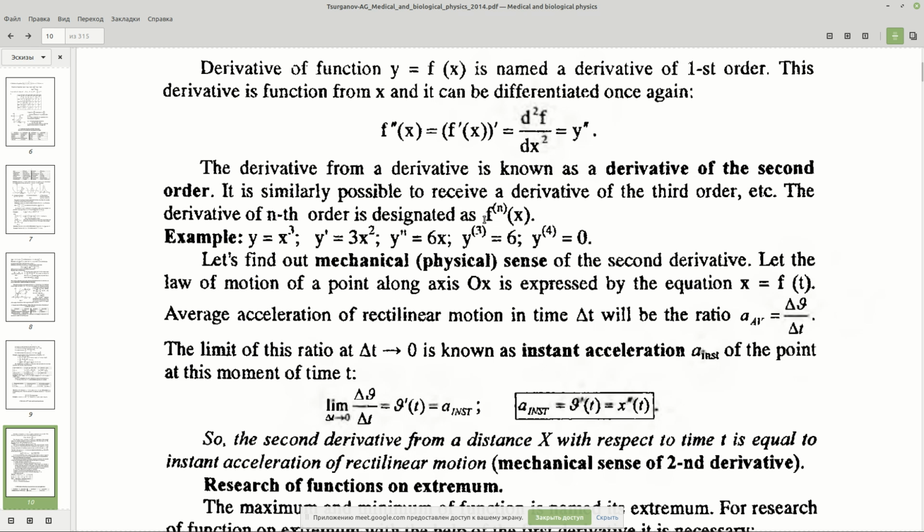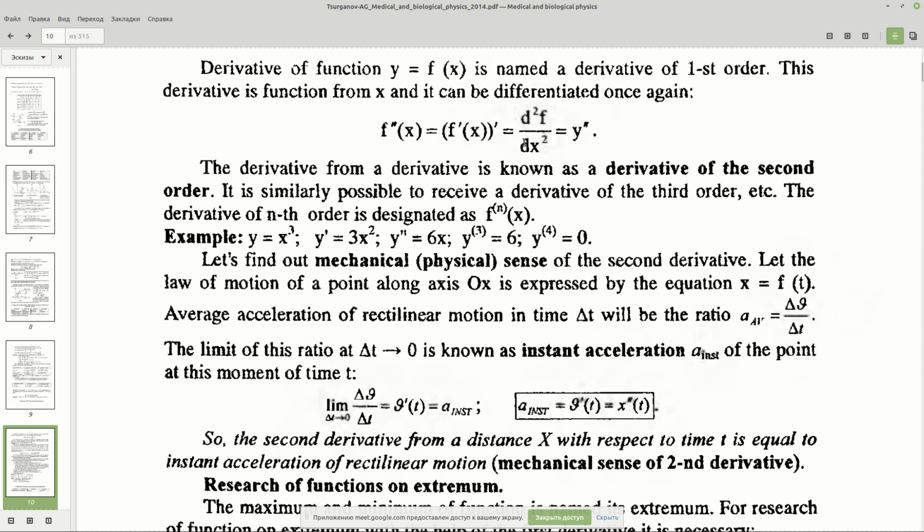It's written as d squared y over dx squared, which means the derivative of second order of the function depending on x, and you could also write y double prime or use this notation.